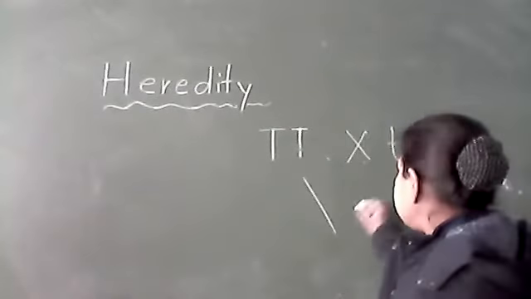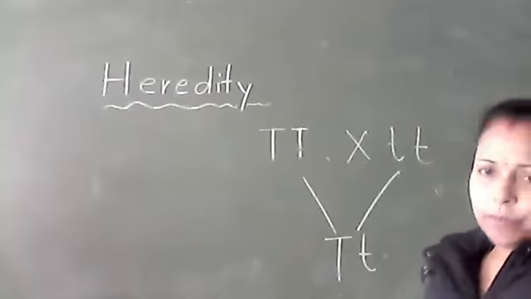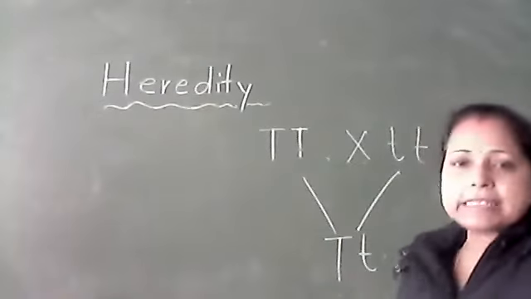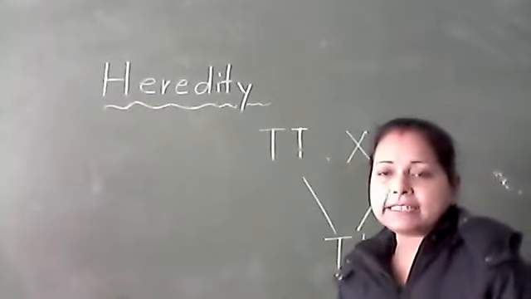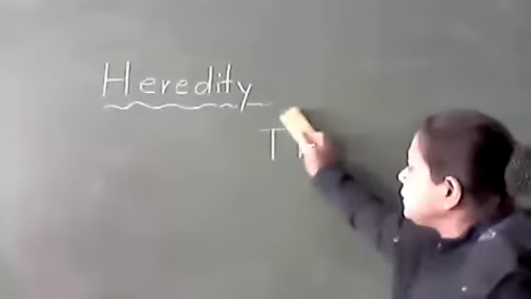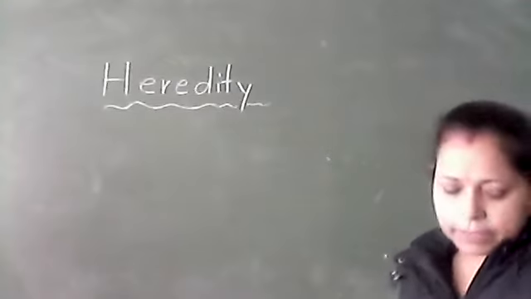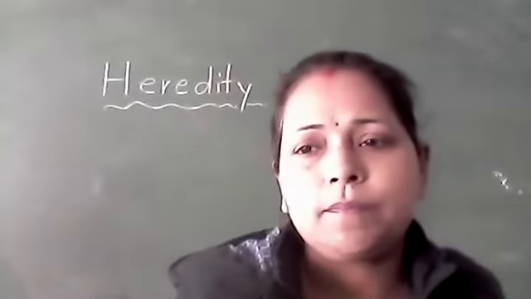In the first generation, he obtained this type of ratio. Okay, now this can be presented by drawing a Punnett square. What is Punnett square? Anyone? Punnett square को describe कर सकते हो? What is Punnett square? Anyone?